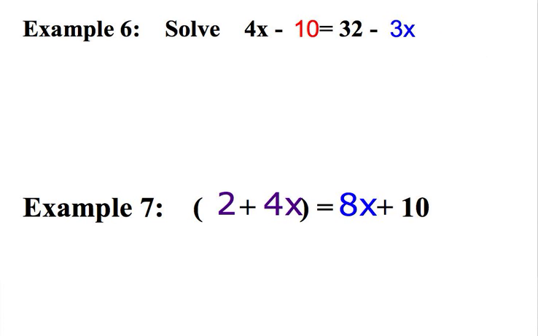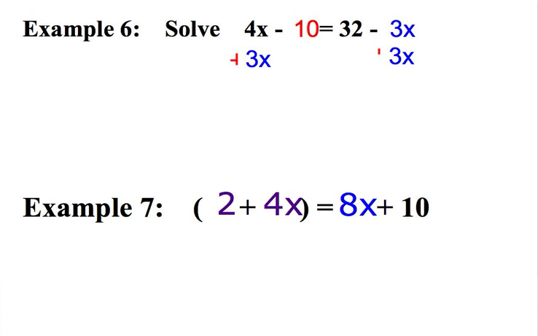Same here. We're going to just rearrange. What I do to one side, I must do to the other. However, I've got variables on both sides. I got the 4x and I got the 3x. Well, I like to move the x's first. So I'm going to move the 3x. The opposite of subtracting 3x would be adding 3x. If I add 3x to one side, I must do it to the other.